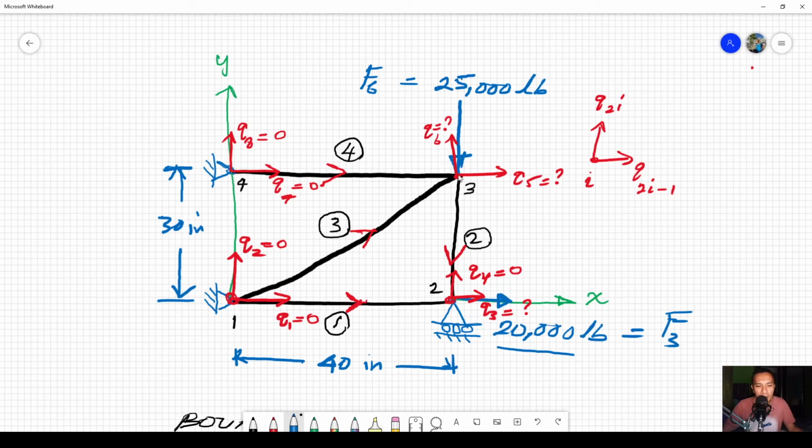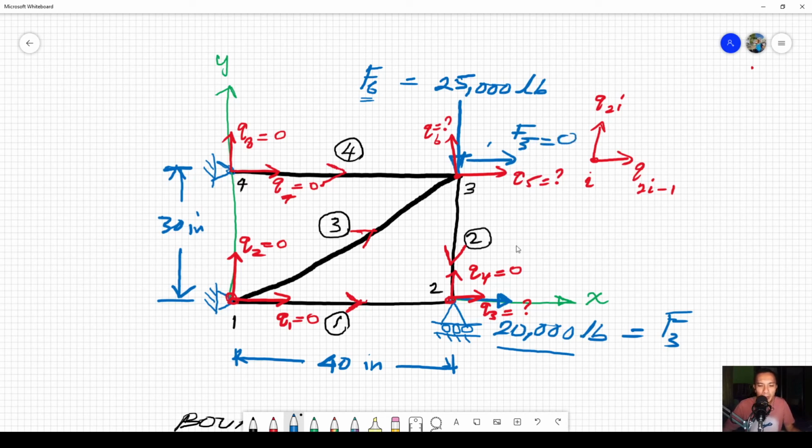And then we have a vertical force applied at node number 3 in the downward direction, which we can call F6. There is no external force applied in the horizontal direction at node number 3. Then we can say that F5 equals 0 in this case.